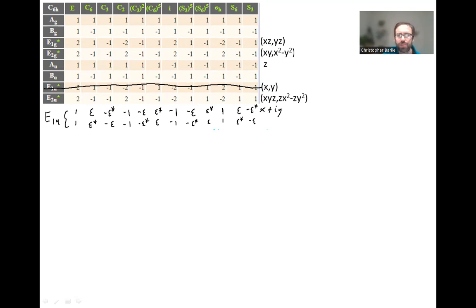We can predict what that function would be: xz, yz. So our hypothesis here is that if we multiply AU by E1U, we should get what transforms as xz, yz, right? Because we're multiplying z times x and y. And so we should get E1G broken up. Let's see if that ends up working.